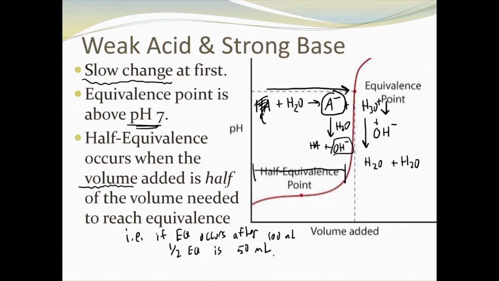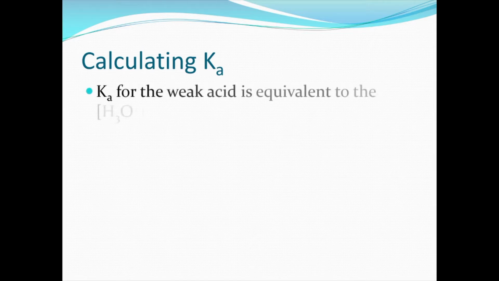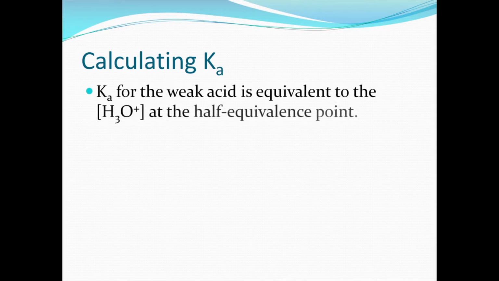The half equivalence point actually matters later on, and we'll talk about that when we get to the examples. With this type of titration, we can use this to calculate the Ka of the weak acid. It turns out that the Ka of the weak acid ends up being equivalent to the concentration of hydronium at the half equivalence point.